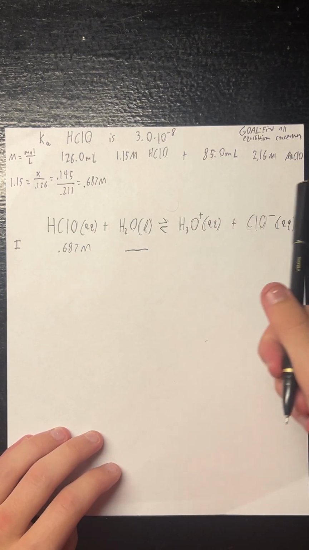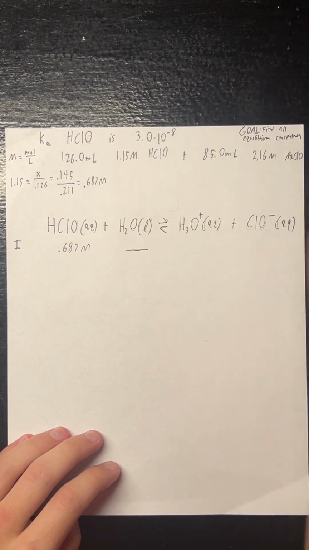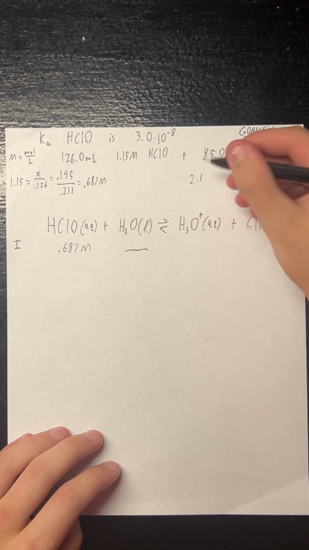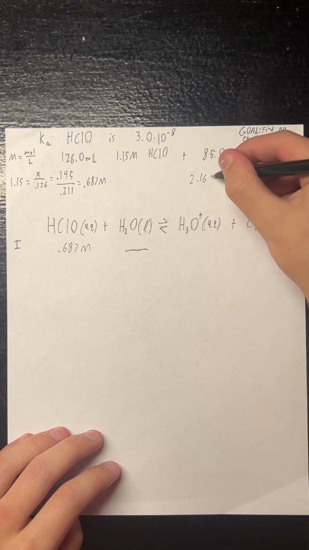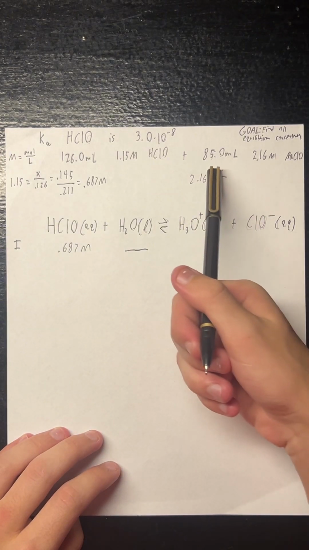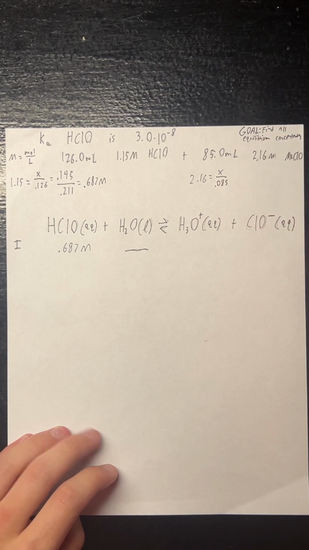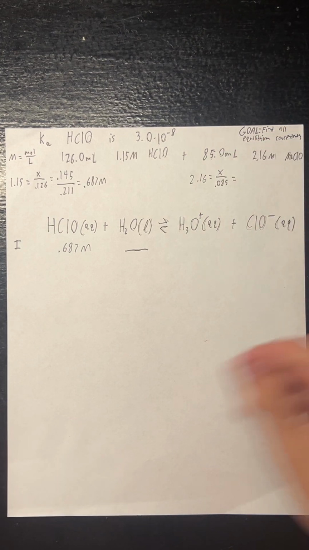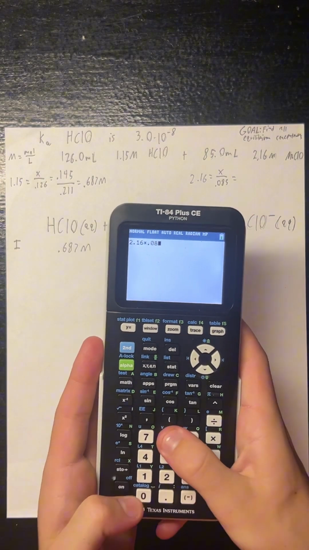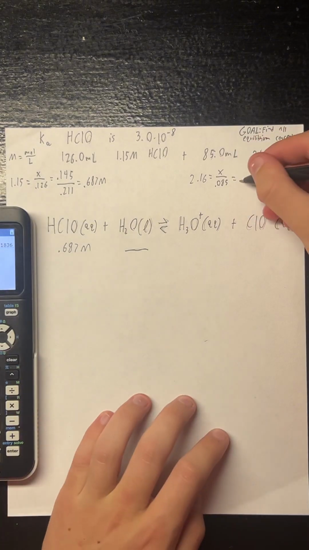Now what we find next is for ClO minus, and it's pretty much the same process. Molarity: 2.16 equals x over 0.085 liters, and our x equals 2.16 times 0.085, which becomes 0.18 in 2 sig figs.